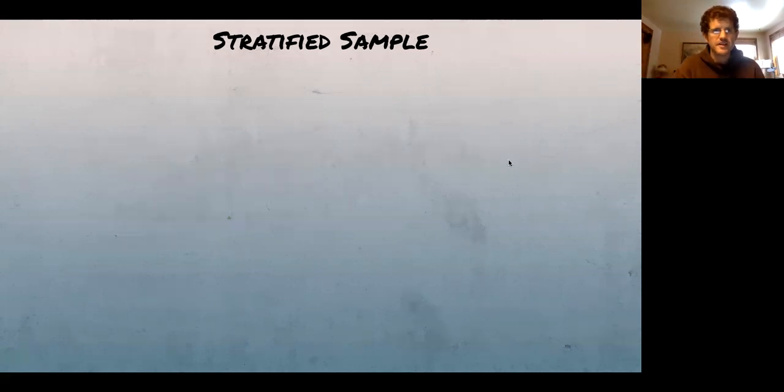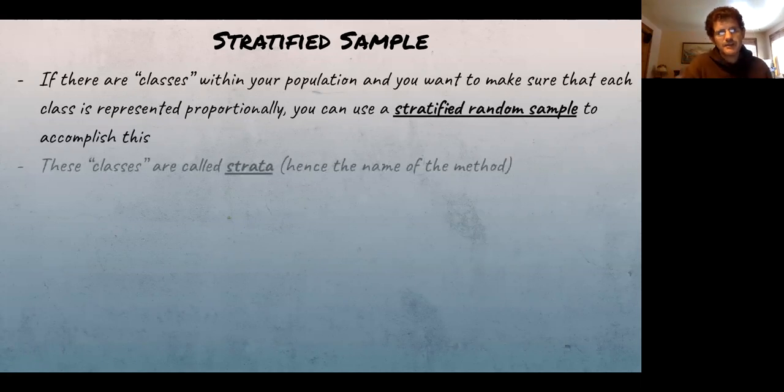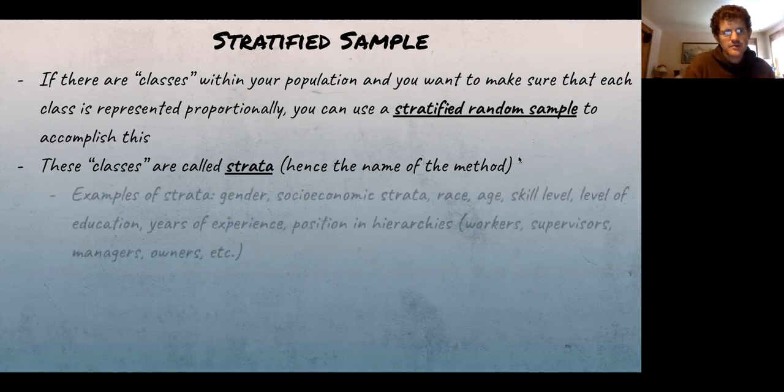The stratified sample: if there are, quote, classes within your population and you want to make sure that each class is represented proportionally, you can use a stratified random sample. And the classes are called strata. If you remember your earth science, we talk about rock layers as strata, so we can split our population into strata as well, and then sample from within those.